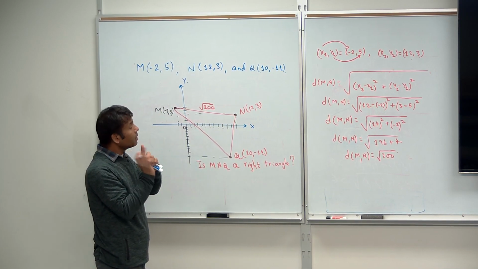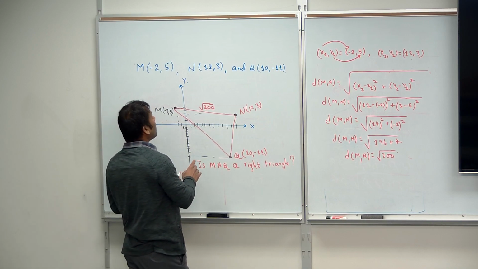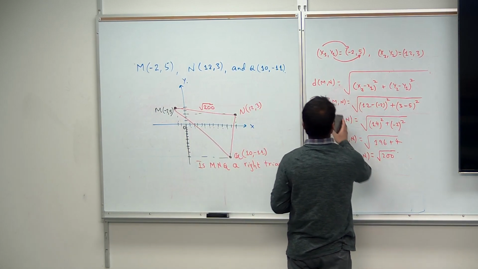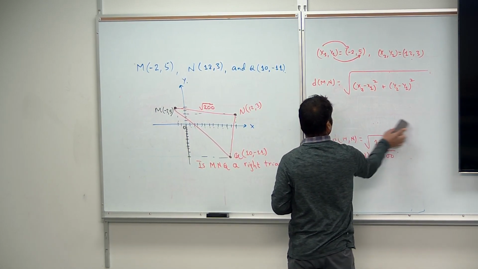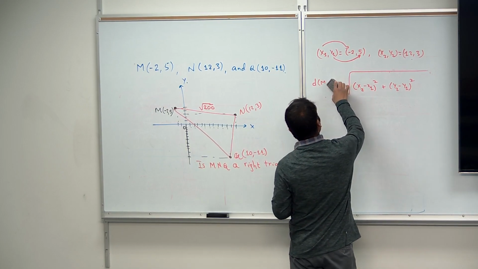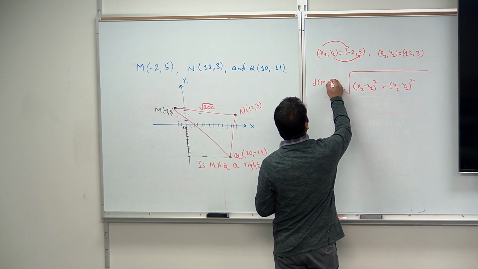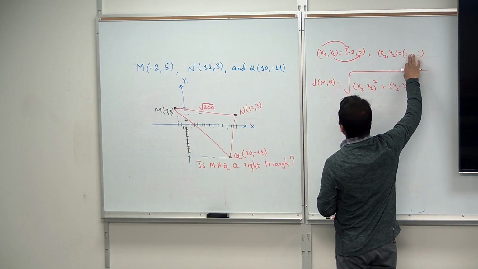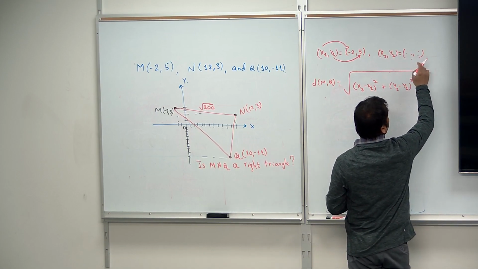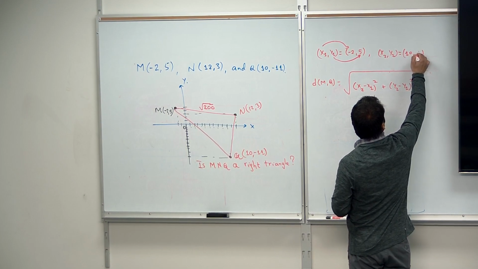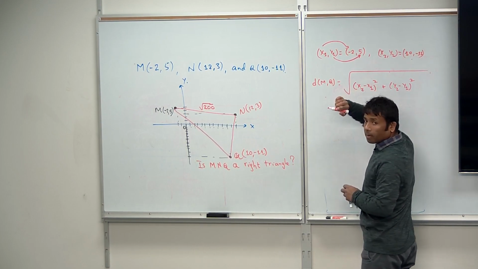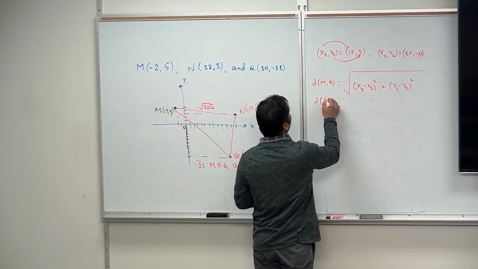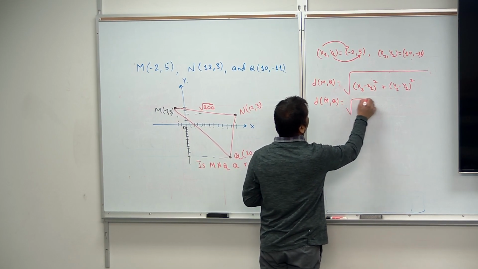Now similarly, you need to find the distance between M and Q. So M is x1, y1, and what is your point Q? Q is 10 comma negative 11, is that right? So the distance between M and Q is the radical.